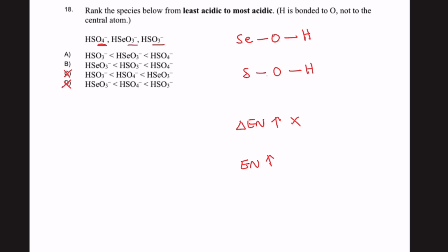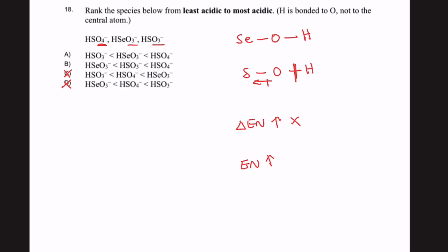Because sulfur has a higher electronegativity, it's going to draw electrons more towards itself. Of course, oxygen is still more electronegative, but sulfur is a better competitor with oxygen to draw those electrons away. And that makes the H easier to break off, which will make it more acidic.